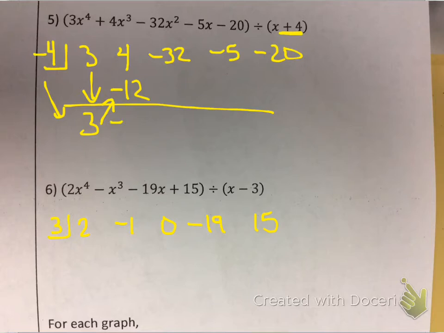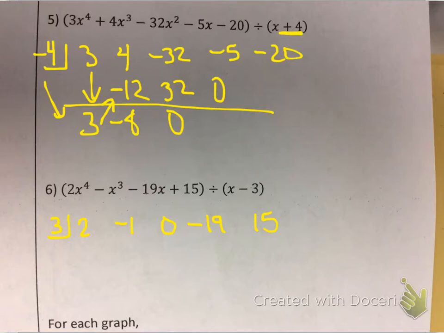4 minus 12 is negative 8, and then I'm going to say negative 4 times a negative 8, which is 32. Negative 32 plus 32 is 0. Negative 4 times 0 is 0. Notice how the answers always go back up to the next column.